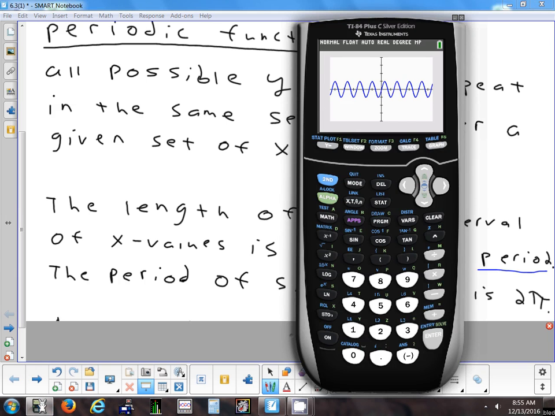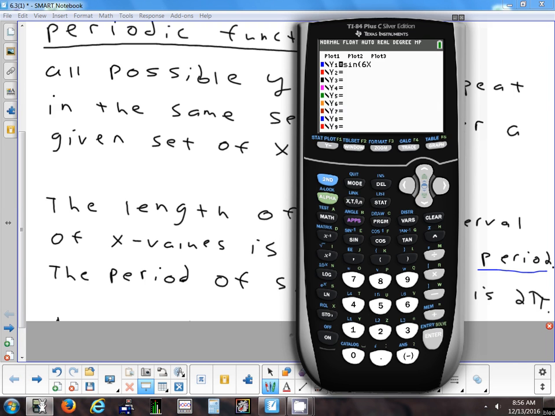And you might figure out how I got 120 by doing something with the 360 and the number 3. The higher I make this number, the faster it's going to repeat. That function has a period of 60 degrees. So every 60 degrees, it's going to repeat itself. So now it's repeating even faster.